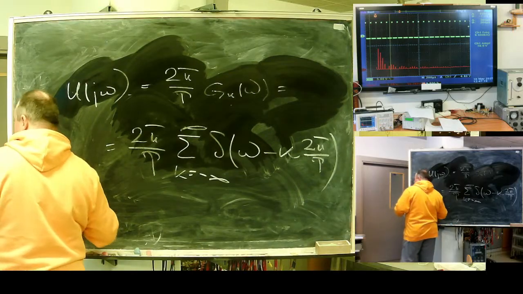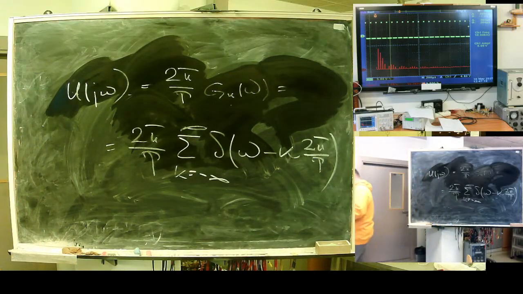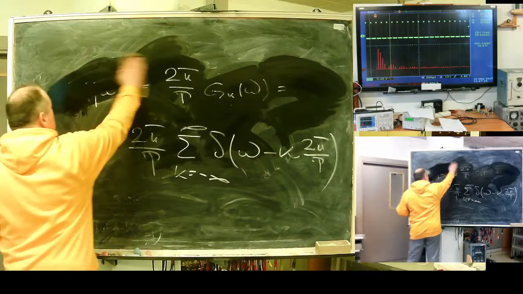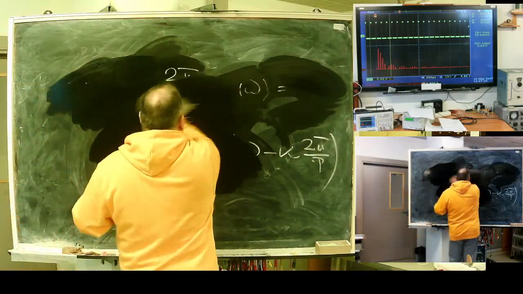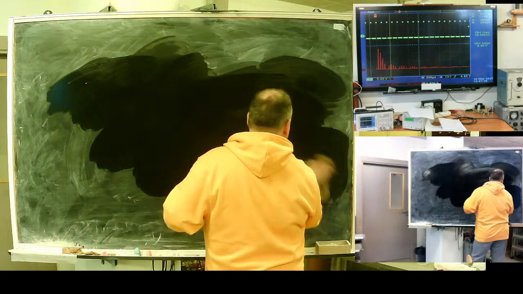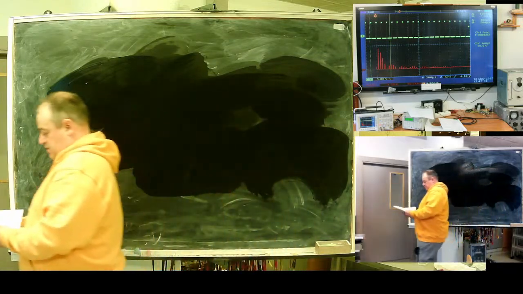We will see a sequence of spectral lines again, with a step 2π divided by the signal period. The period of our signal is T0, and our signal has a magnitude of E.